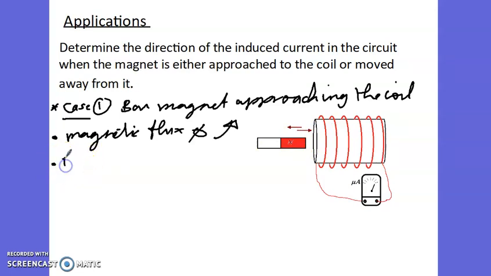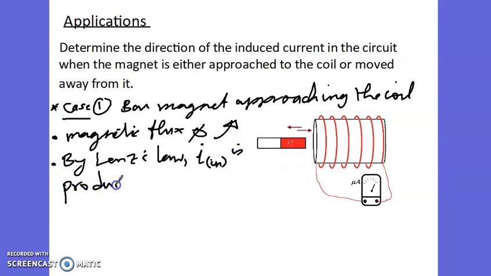By Lenz's law, I induced is produced or created to oppose this variation, I mean to oppose the increase of flux. It's produced to oppose this increase of flux.